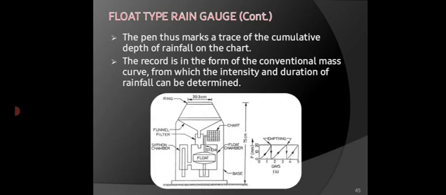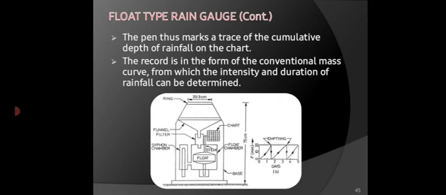One is non-recording and the other three are recording. The mechanism is different, but the concept is the same. What is the concept? Through some mechanical arrangement, the record of the rain is made through a pan and chart form, right?